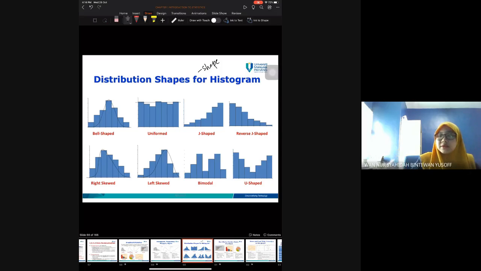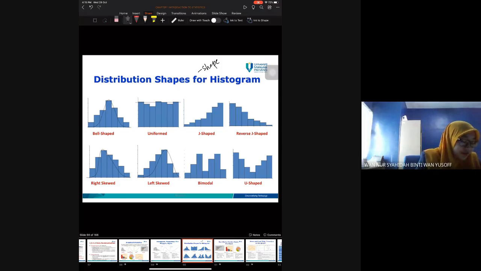The outlier is out of that range, maybe 1,000 or 8,000. So when you have this kind of outlier, you might not get a similar shape to what we have here in the book. So what we do is try to find the closest pattern to these common shapes.